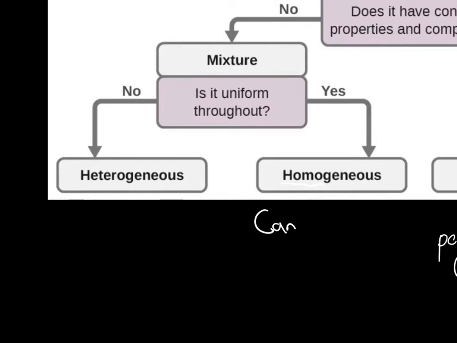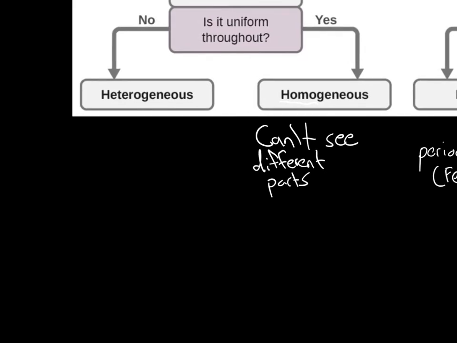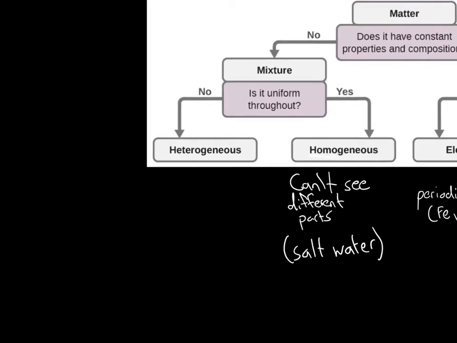Examples might be something like salt water, because if you mix salt really well enough in water, you're not going to be able to see the salt in the water. They look like one thing.